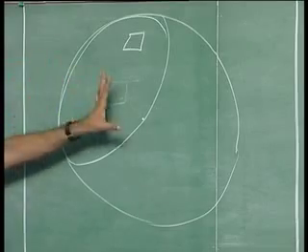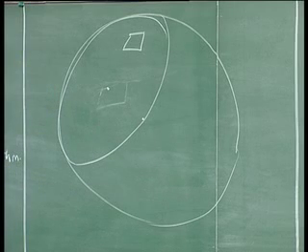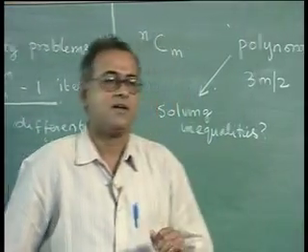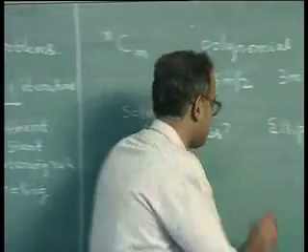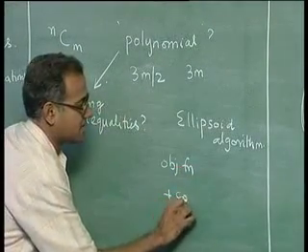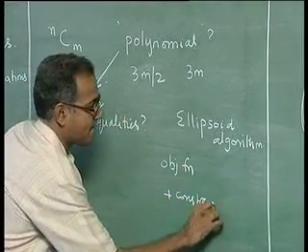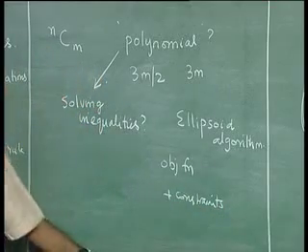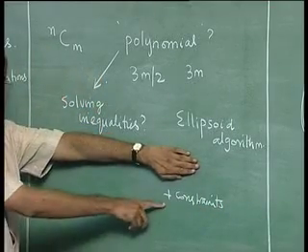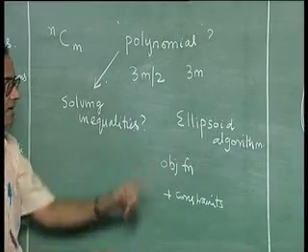Now when this algorithm was developed, people said we can use it to solve linear programming problems. How do you do that? The linear programming problem is actually an objective function plus constraints. If I hide this, then this becomes solving inequalities, but linear programming is something more.